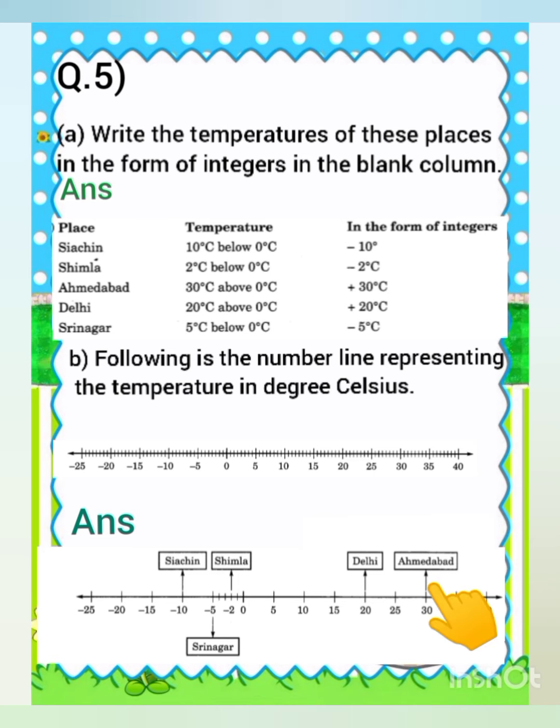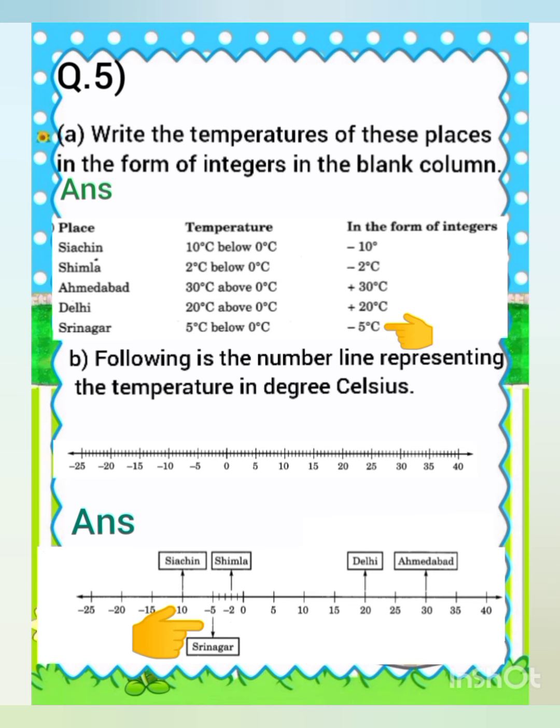On the right hand side, we will mark plus 30 as Ahmedabad, plus 20 as Delhi. Here on the right hand side, we will mark plus 20, that is Delhi, and minus 5 degrees is Srinagar. On the left hand side, we will mark minus 5 as Srinagar. In this way, we are done with sub-question B.